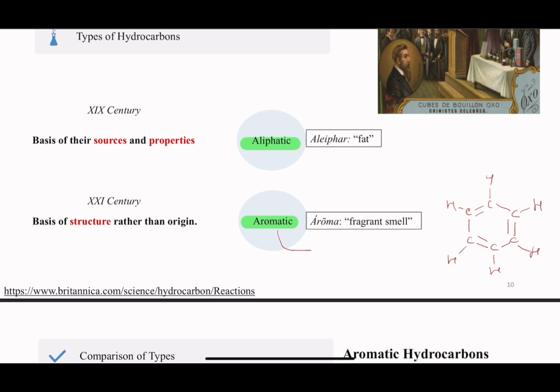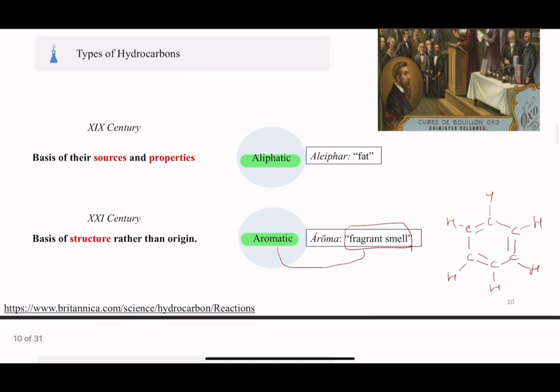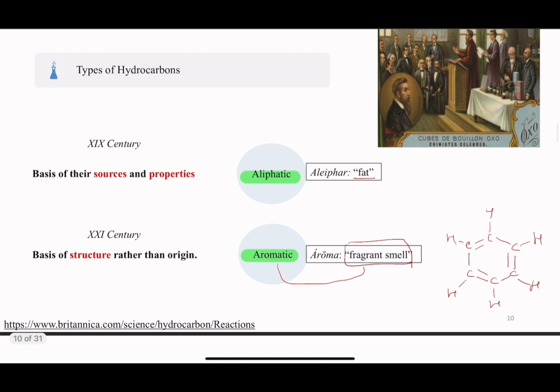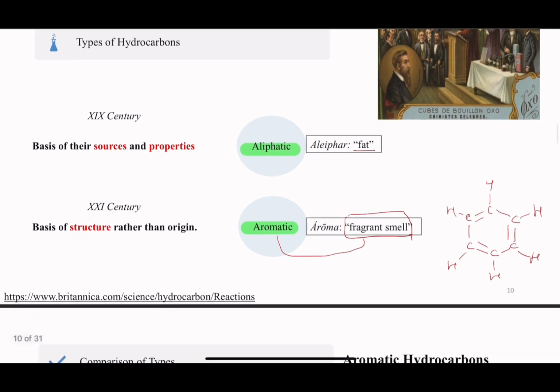And the reason it's called aromatic is because it has a smell. Now, aliphatic, the name stands for fat, but it doesn't mean that it is fatty or something like that. It's just that aliphatic ones are not in a ring. So aromatics are ring shaped, and aliphatic ones are in a chain.